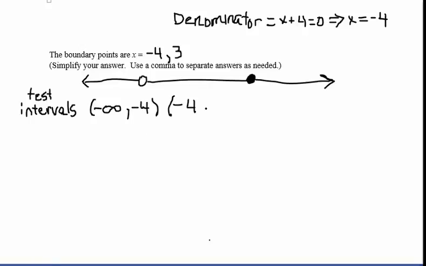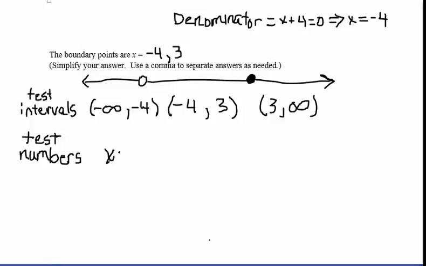So that's actually when the expression is 0, so 3 is part of the solution. I make a solid circle above 3. And here are the intervals that I need to test. I want all the numbers to the left of negative 4, all the numbers between negative 4 and 3, and all the numbers bigger than 3.